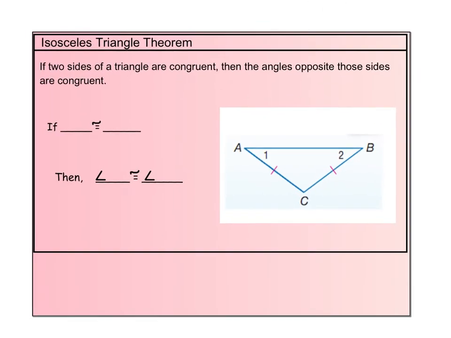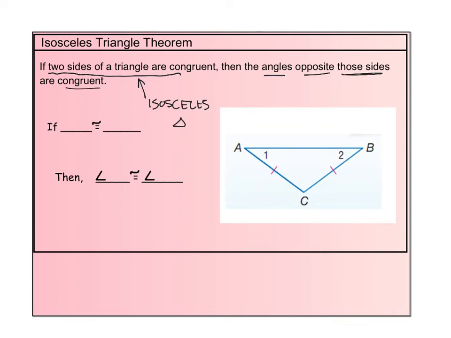This is called the isosceles triangle theorem, and it's not too brain-breaking, but it is a nice idea. If two sides of a triangle are congruent, which basically just means you have an isosceles triangle, then the angles opposite the congruent sides are congruent.